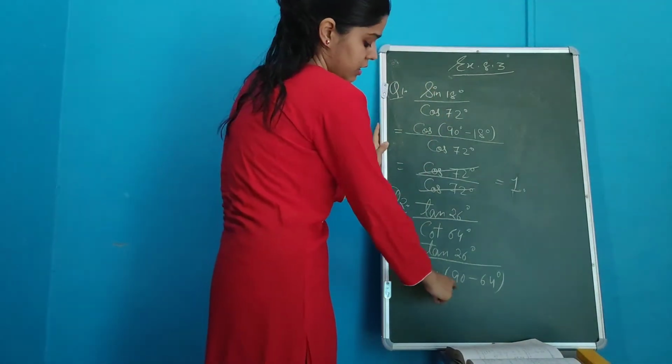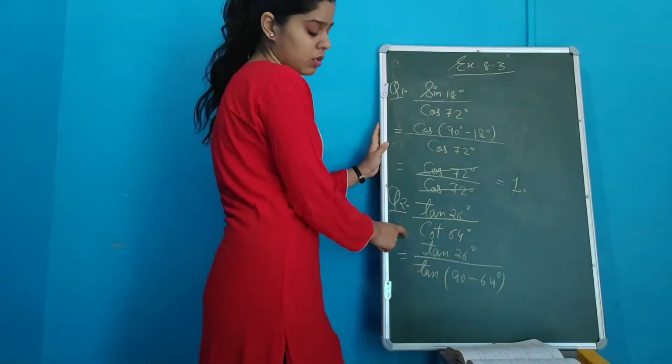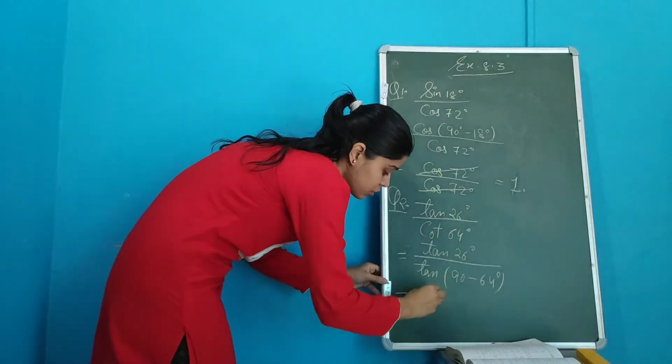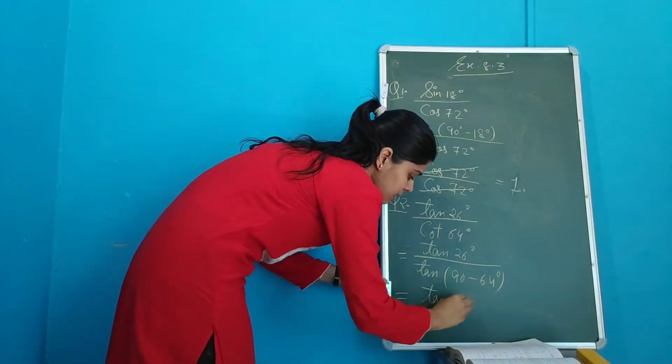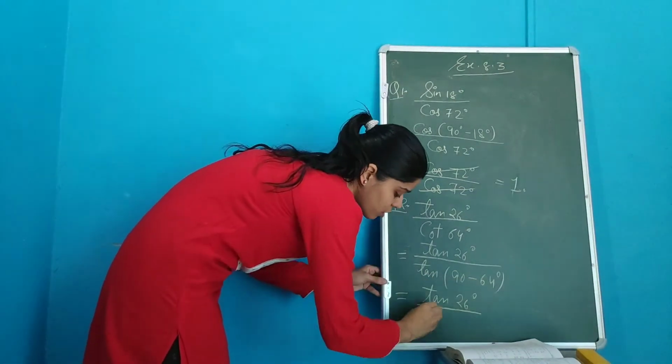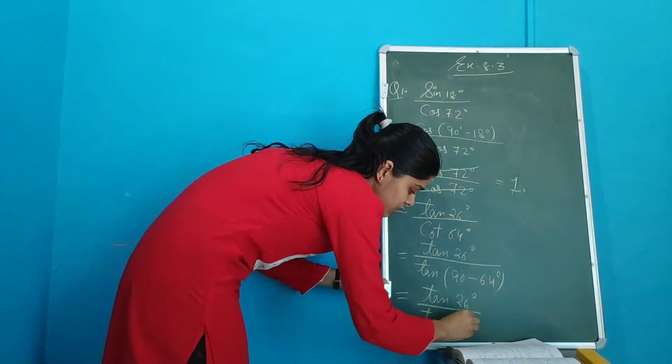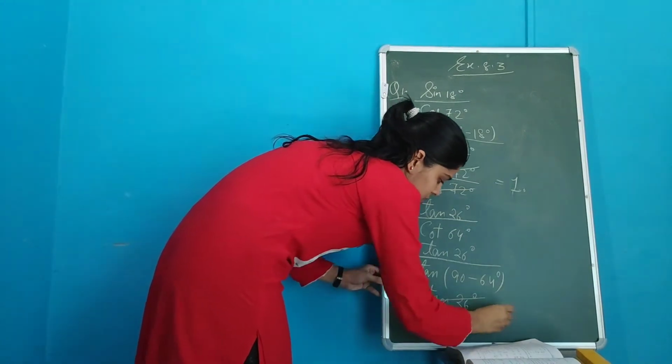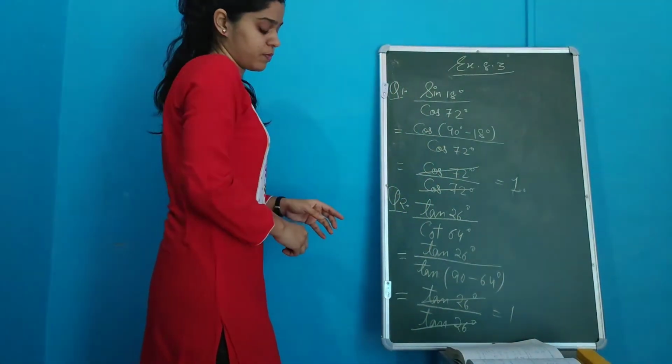So tangent 90 minus theta becomes cot theta. Here tangent 26 is as it is, and tangent 90 minus 64 becomes tangent 26 degrees, and it is equal to 1 again.